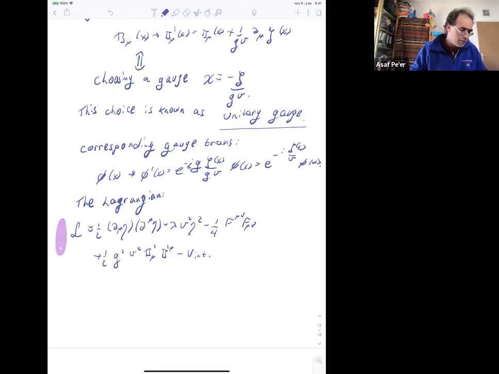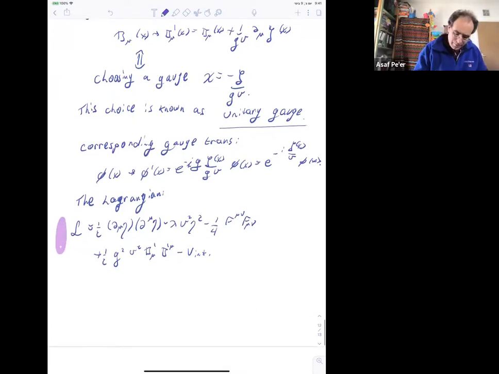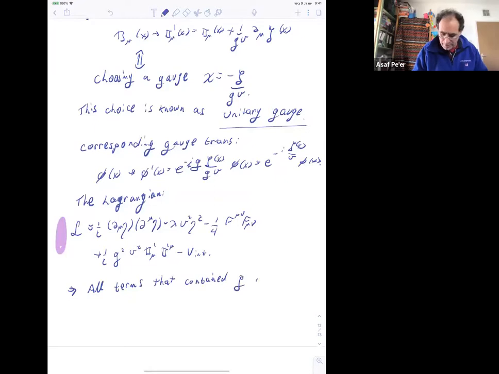So let's write it down: all terms that contained psi disappeared.